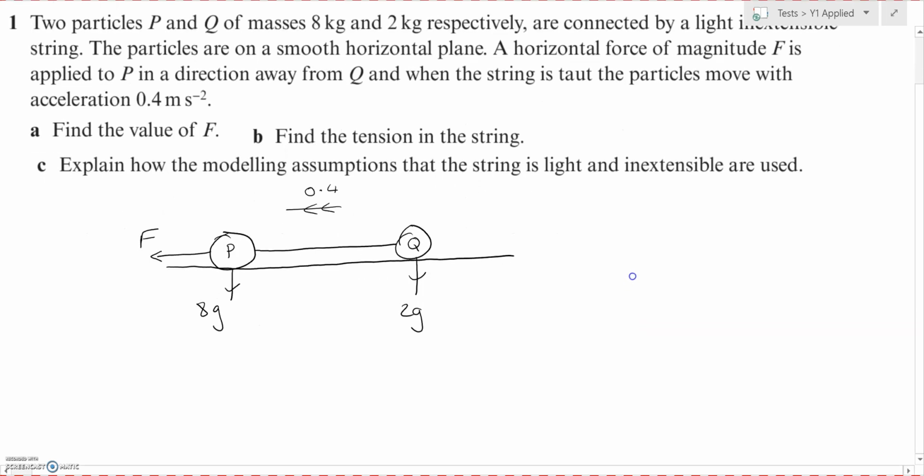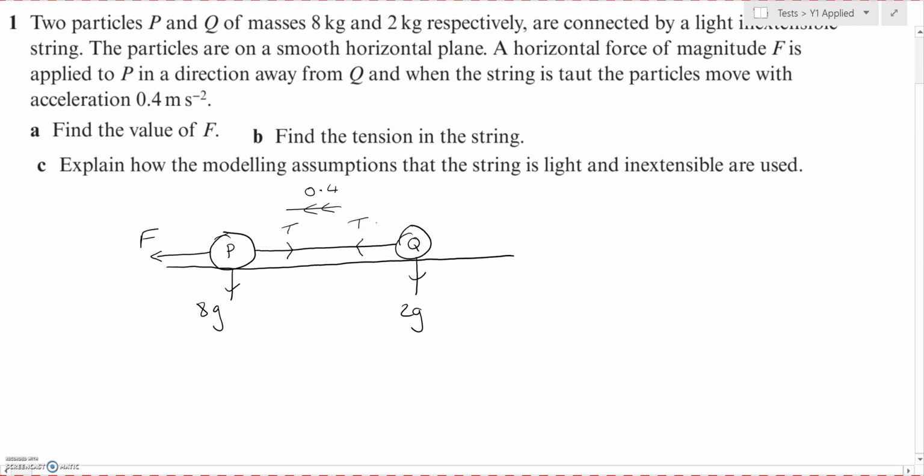Now let's have a look. Find the value of F. In order to do this, we need to complete all the forces on our diagram. We've got our weight, we've got the force applied to P, and because there's a piece of string, whenever there's a piece of string, you're going to have a tension. Tension is a pulling force, so it always goes away from the particles.